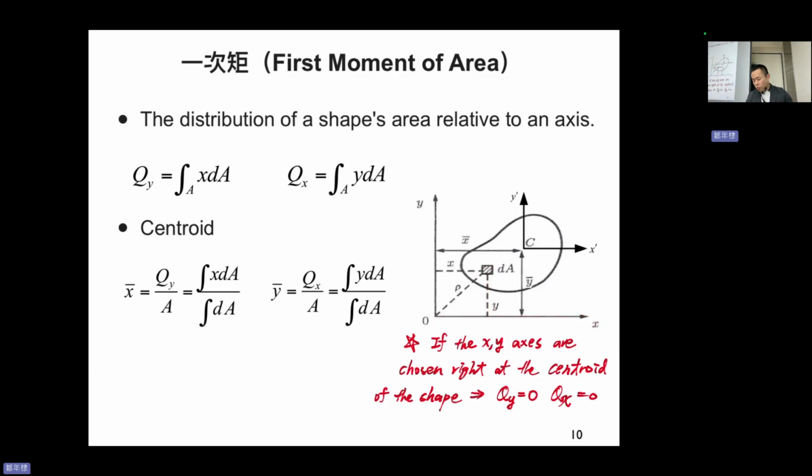If we determine the value of first moment of area and divide by the total area, it means the area average distance to that axis. So actually, it's the centroid of that shape to that axis.